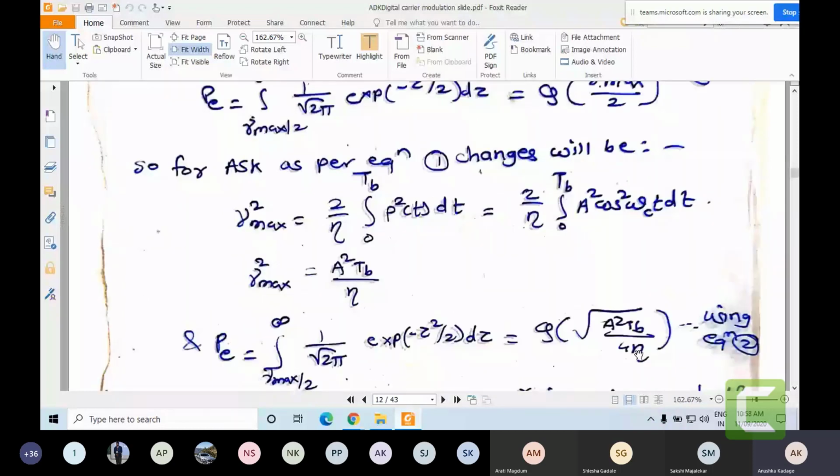Inside the bracket, A square Tb divided by eta will be there, but that will be divided by 2, so this 2 will appear as a 4 eta, because this eta and this 4 we have taken outside the square root, so it is appearing as 4 eta.